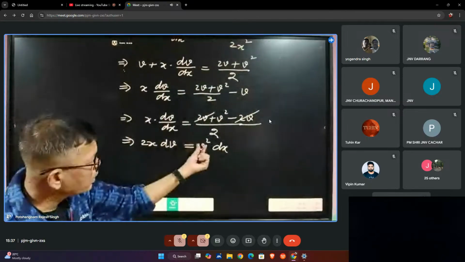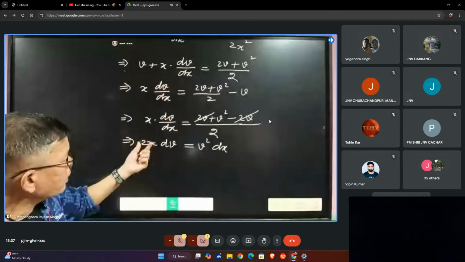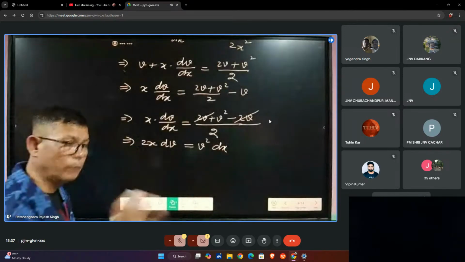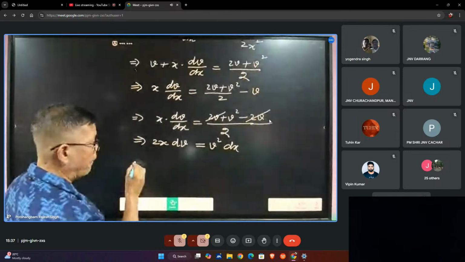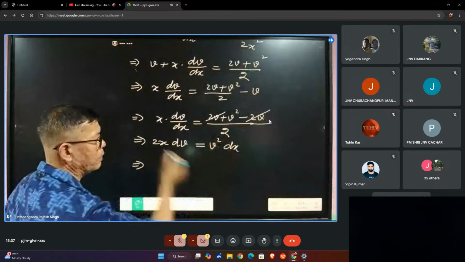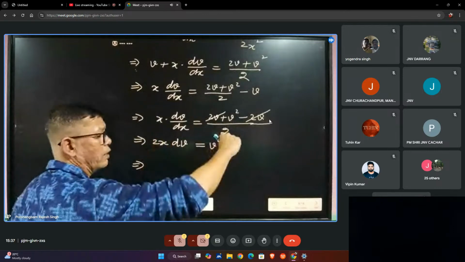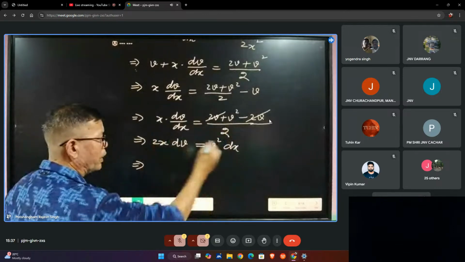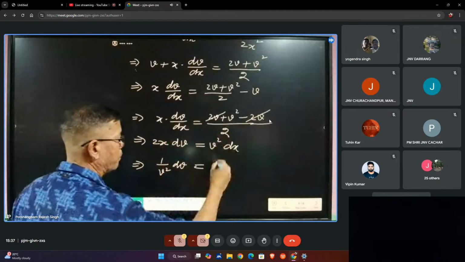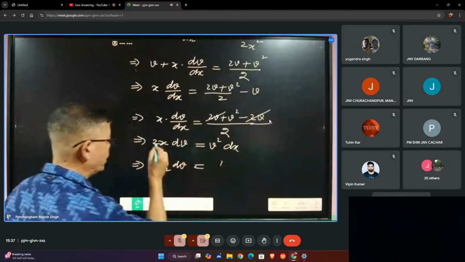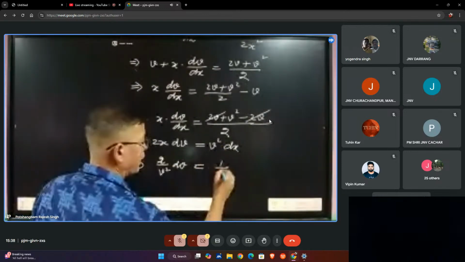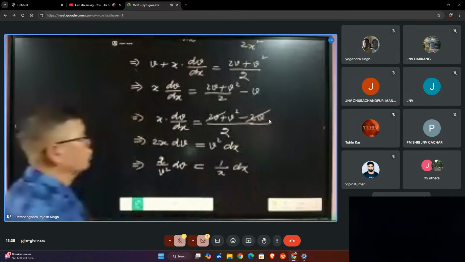If we bring the v squared to this side and the twice x to this side, the separation will be there. So let us transfer the function of v to the dv side and the function of x to the dx side. What we have is 2 by v squared dv equals 1 by x dx. So we have separated the variables.